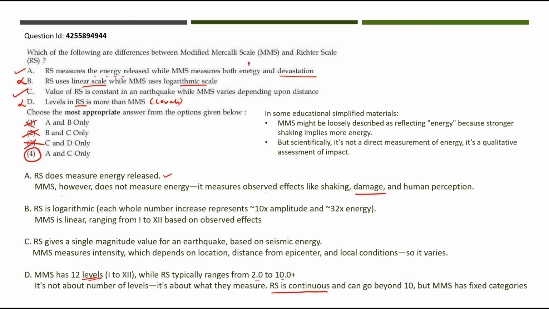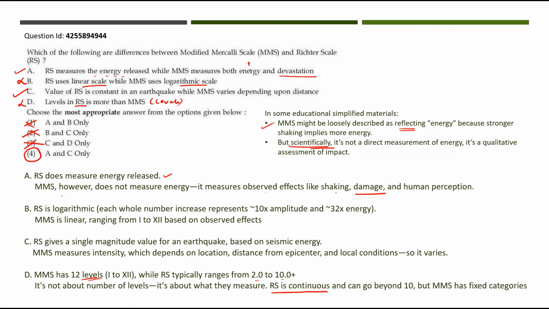These educational materials are nothing but Paper-1 materials of UGC NET books. Other than that, modified Mercalli scale will not measure energy, it will measure the observed effects only. Due to this material only, this question includes both energy and devastation, and then they mark this to be right. But scientifically, shaking is not a direct measurement of energy, it's just a qualitative assessment of impact.